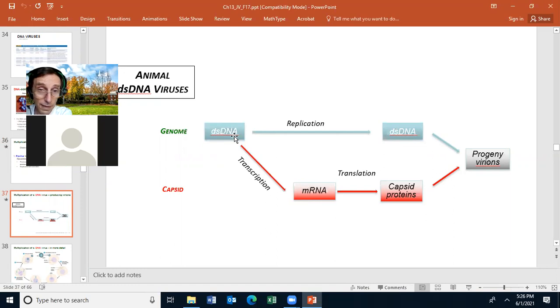The viral DNA will be transcribed into viral messenger RNA. It will move into the cytoplasm and be translated into the capsid proteins. The capsid proteins will get together with the replicated viral DNA to make the progeny virions, and then this virus can leave the cell. And that could follow more than one life cycle, but generally it follows the budding life cycle.